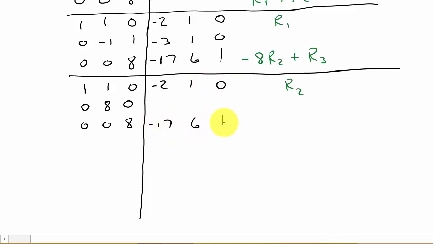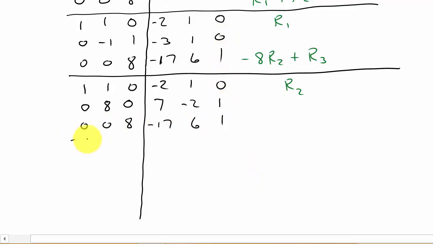So I have negative 8 times negative 3 is 24. 24 plus negative 17 is 7. And then negative 8 times 1 is negative 8. Negative 8 plus 6 is negative 2. And then negative 8 times 0 is 0, and 0 plus 1 is 1.